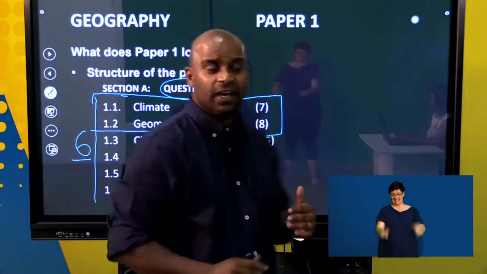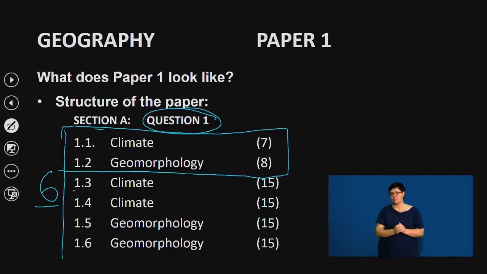Let's look further. We look at 1.3, which is climate, 1.4, climate again, 1.5, geomorphology, and 1.6, again geomorphology. What are we doing? We are breaking up the content of physical geography into climate and weather as well as geomorphology.